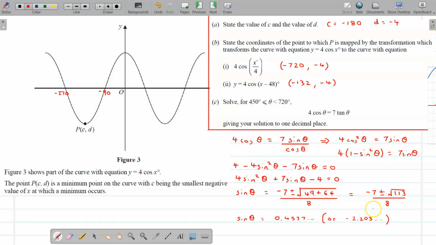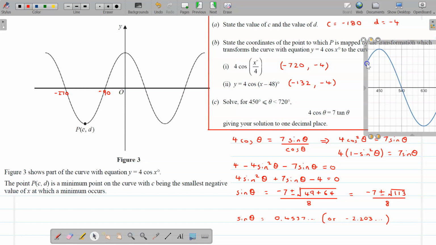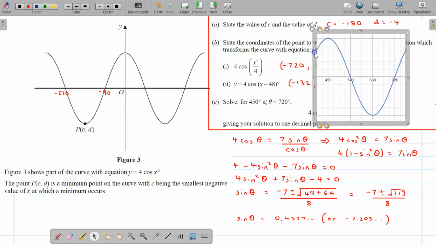Now we need the values between 450 and 720. So it's a slightly unusual range, but I'll pull in a little graph of sine theta and show you how best this works.